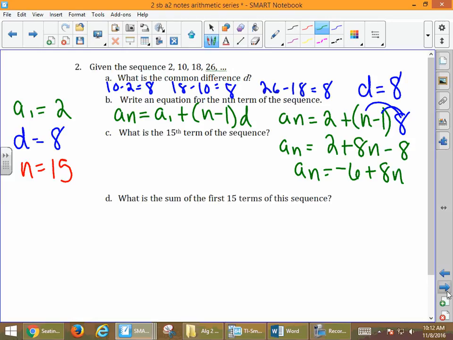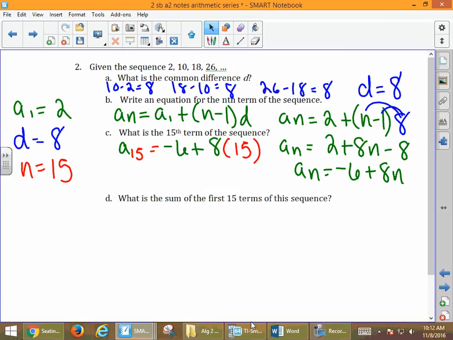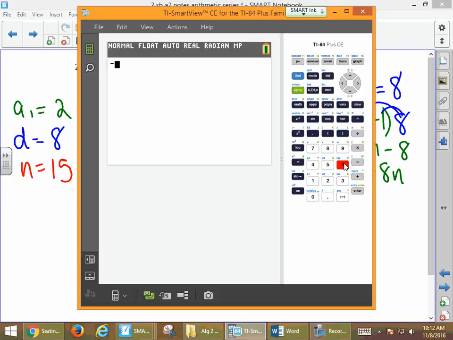So now we're going to go back into this formula that we just created. So it's a of 15, and then we have negative 6 plus 8 times 15. And we can go ahead and type that in our calculator if we need to. Negative 6 plus 8 times 15 gives us 114.